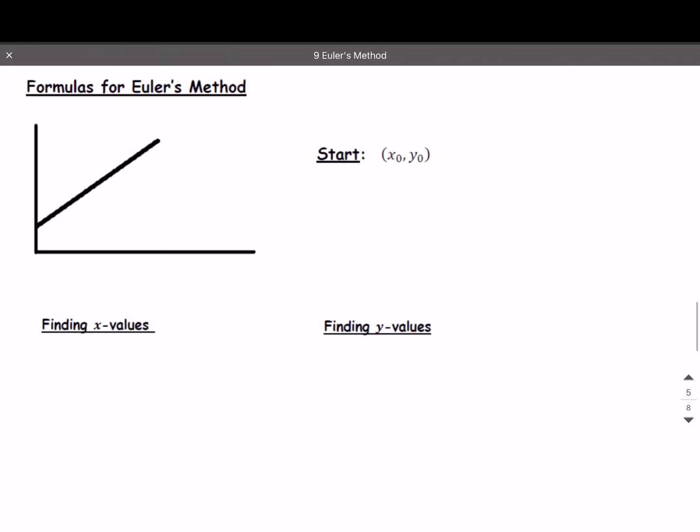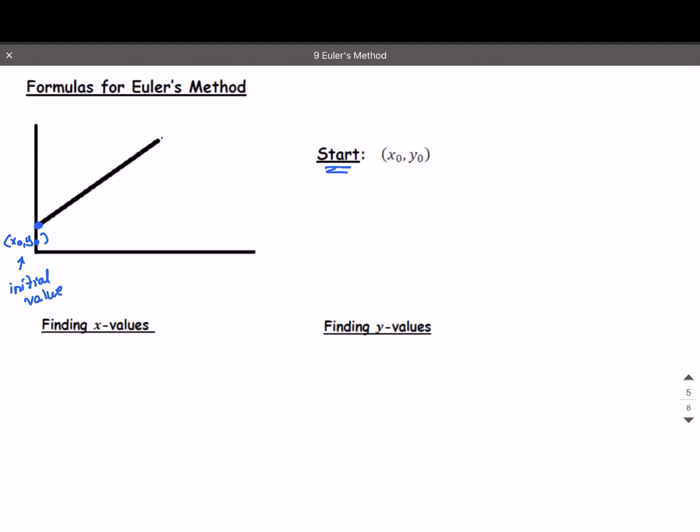So for Euler's method, we start with a point which we'll call (x naught, y naught). That's our initial point, right? That's the initial value that we're given. Okay, that's our starting point.